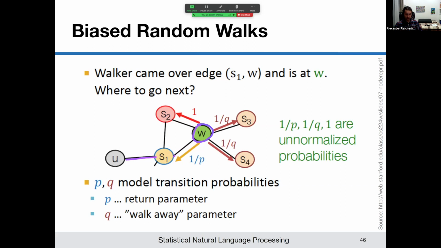So assuming that you made this path and you are currently in this node, then the probabilities will be distributed like this.